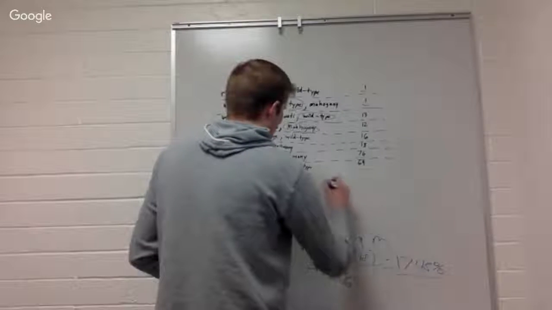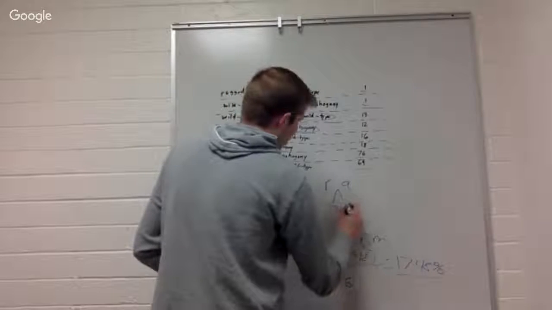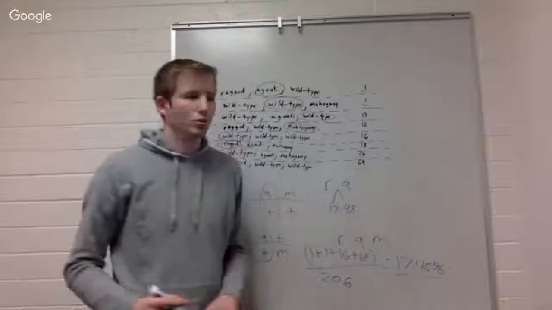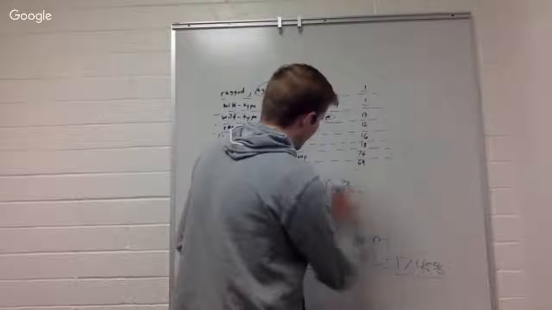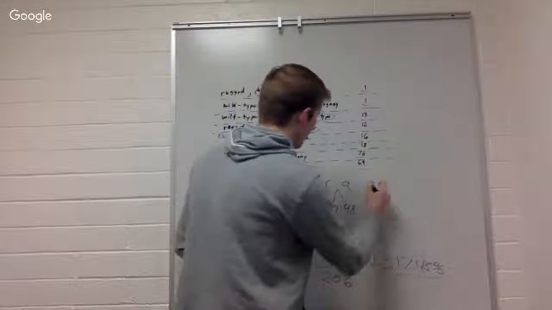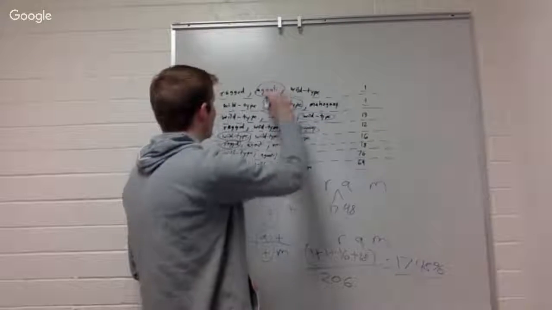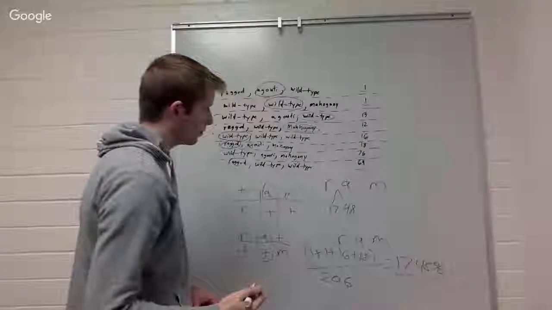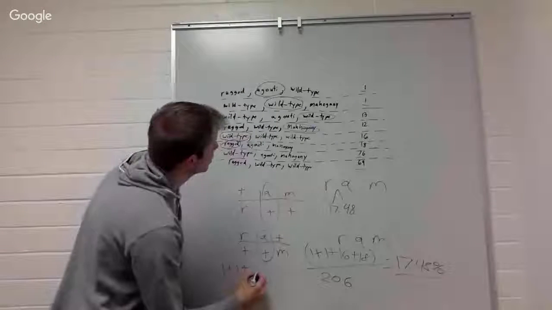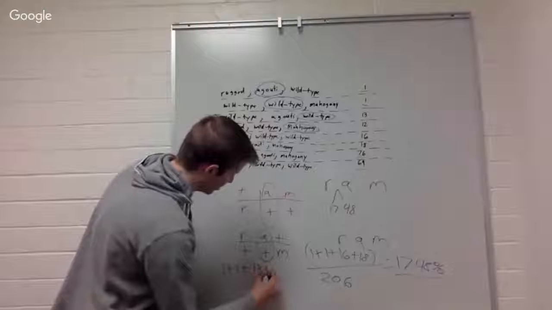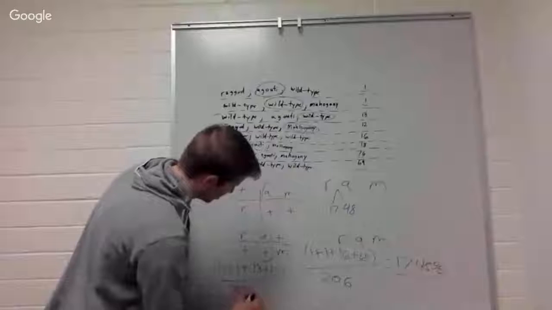And this also is our distance between the alleles on the genetic trait. So from R to A, we have 17.48 map units. And to find the next one from A to M, we're going to be using the M with the middle agouti. So to do that, we have 1 plus 1 plus 13 plus 12, and that's all over the 206.